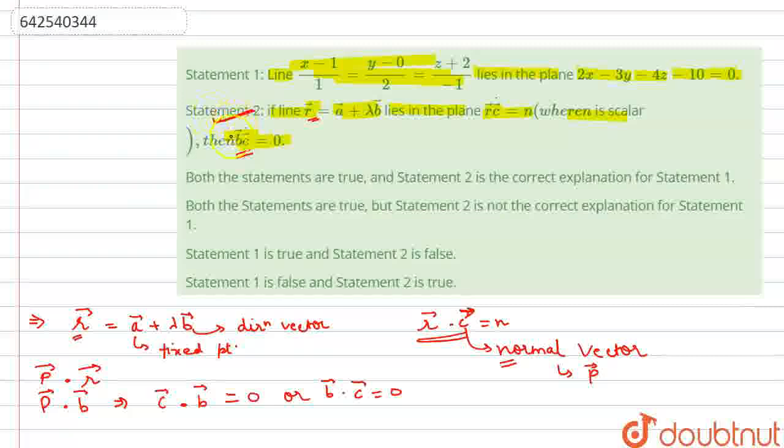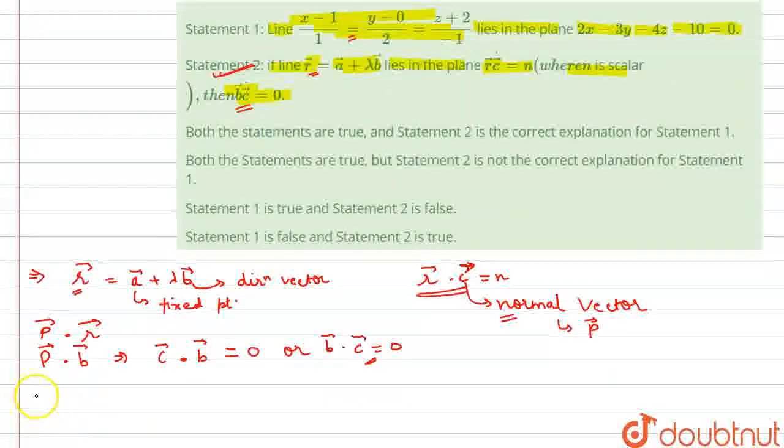Now we use statement 2 to check statement 1, whether this line lies in this plane or not. So we will check b dot c in statement 1, and if it comes 0, then this line will lie in this plane. The line in statement 1 is given as x minus 1 by 1 equal to y minus 0 by 2 equal to z plus 2 by minus 1.